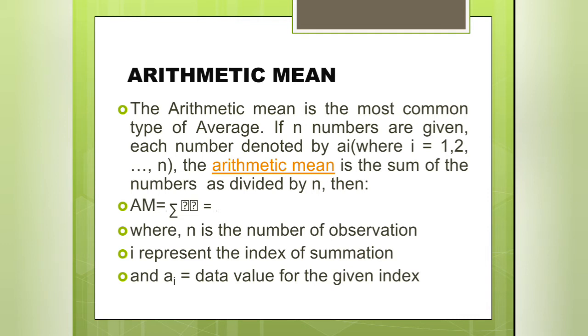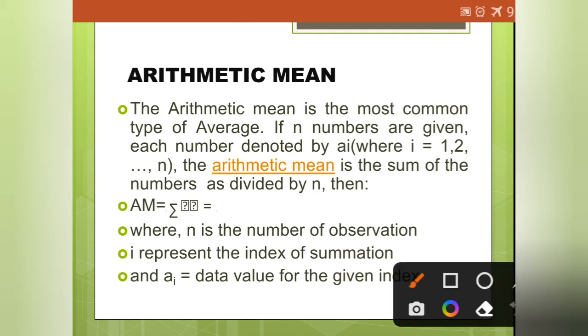Arithmetic mean is given by a1 plus a2 plus and so on plus an divided by n, where n is the number of observations, i represents the index of summation, and ai is the data value for the given index.